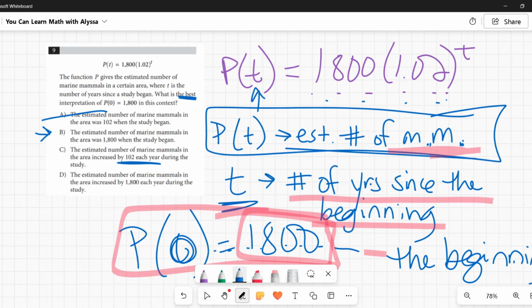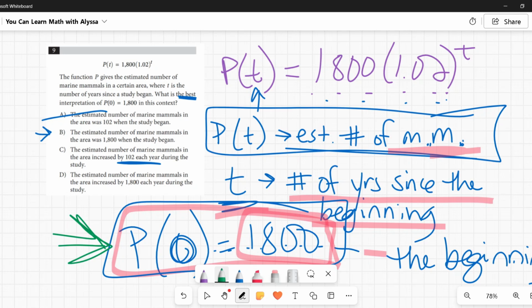The question wasn't that. The question is, what does this mean? You know, this equation right here, and this equation right here saying P of 0 equals 1800 has no relationship whatsoever to a yearly increase. No. So that one's out.